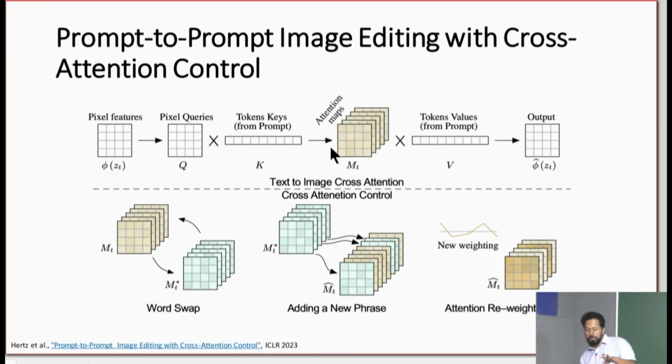Because it's a form of a linear combination here, maybe increase attention weights of some of these artificially by yourself, and that might create some interpolations between these and the output will get changed basically. Okay, so this is still high level, I agree. You have to work in these cross attention layers and do some changes there. Corresponding to the text, and which texts are getting more attention and things like that, and based on that you have to do this.